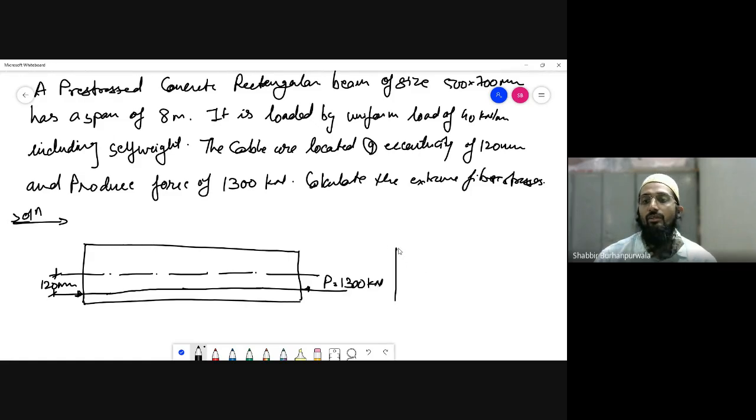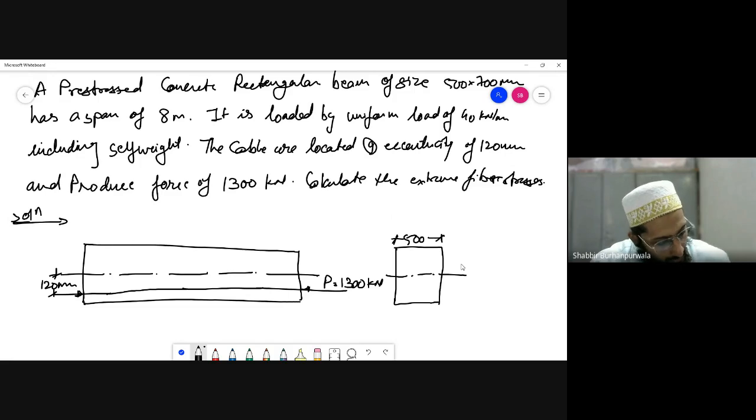The cross section is going to look like this. This is your center. This is 500, and the depth is 700. The eccentricity at which we are applying the load is 120.